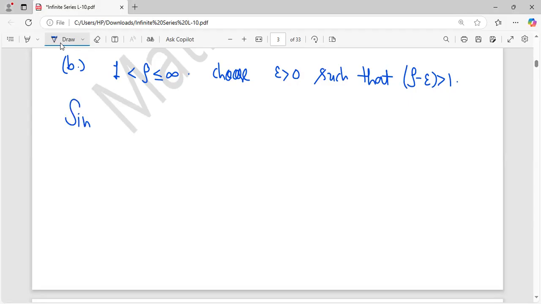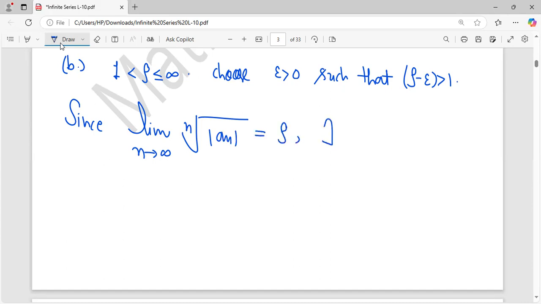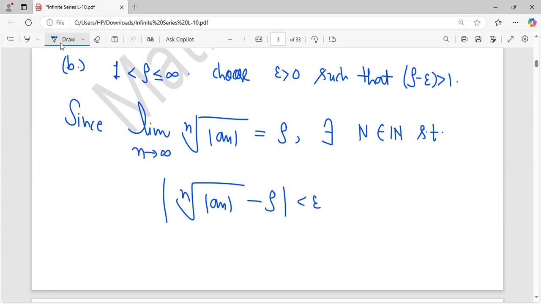Since the limit as n tends to infinity is equal to rho, there exists a capital N belonging to N such that the expression minus rho is less than epsilon.